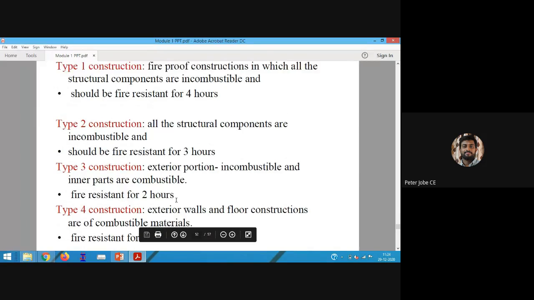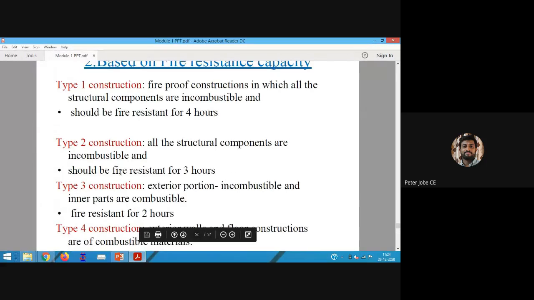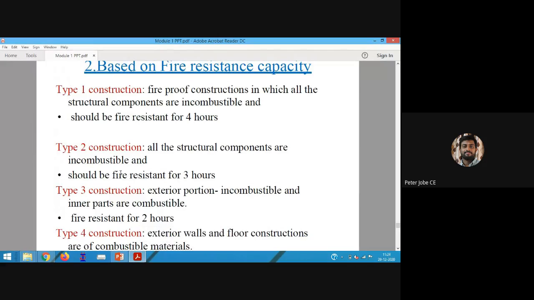That means there are 4 types of construction, in which the best fire resistant construction will be type 1, in which the fire resistance of the building will be 4 hours, and we'll have a sufficient gap to rescue all the occupants of the building before the fire takes their life, and none of the structural components of the building should be combustible.